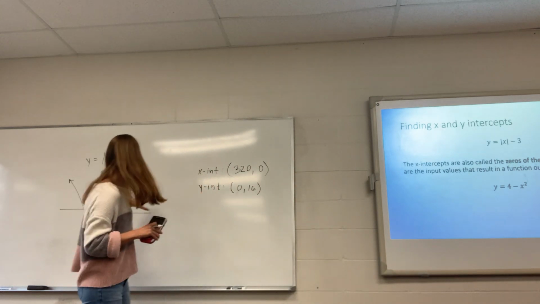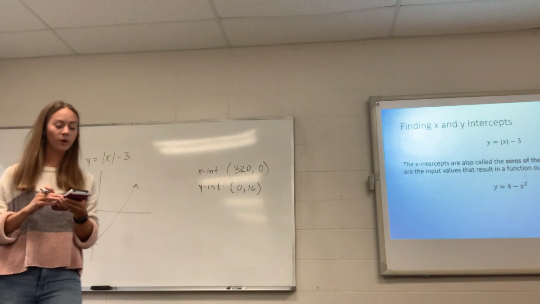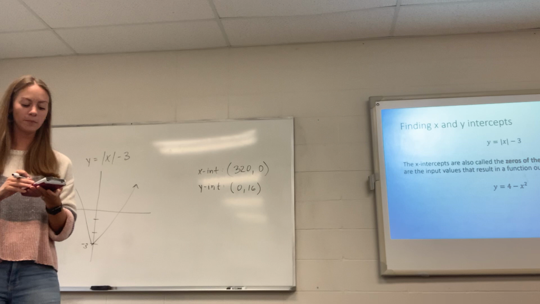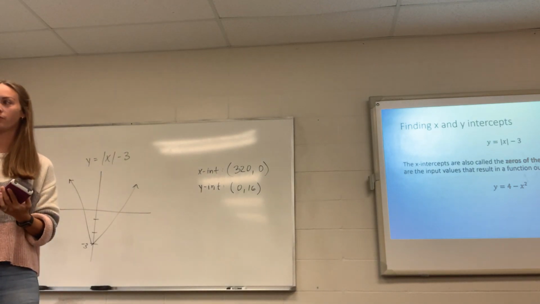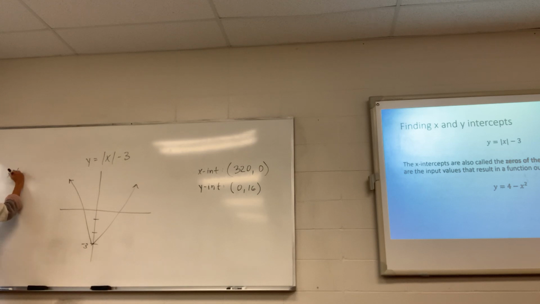Okay, so if I need to find my x-intercepts of this, if you look on your graph, where does it look like my x-intercepts are? 3. How would I write that? -3 and +3. Okay, but I always want to write coordinates.